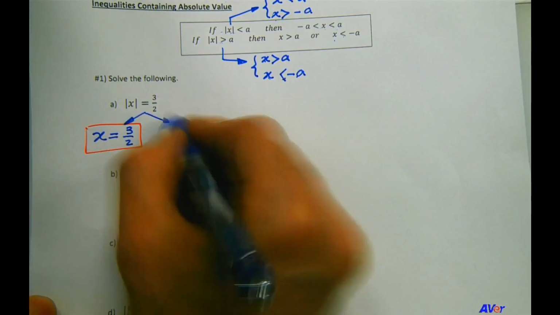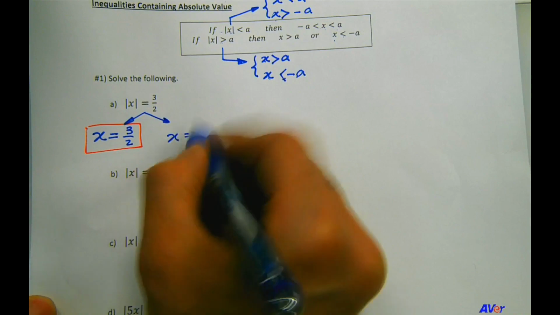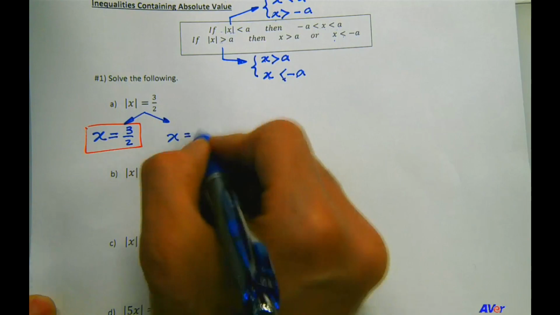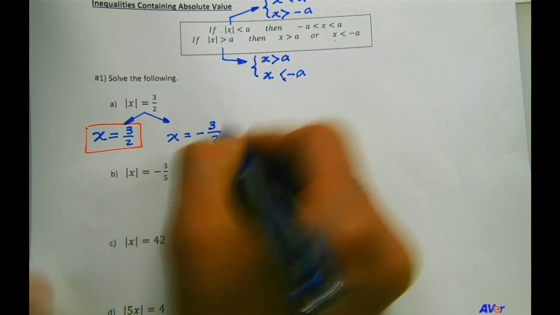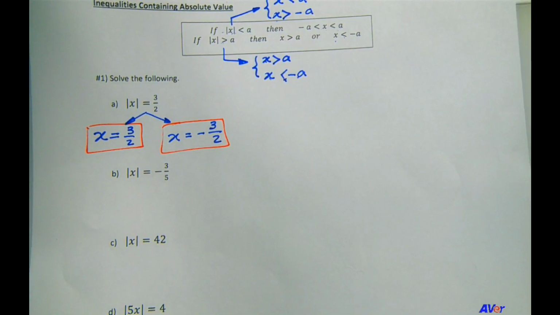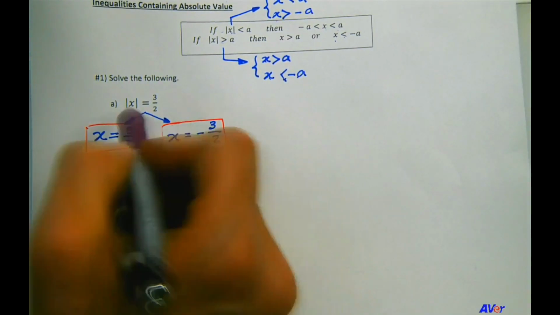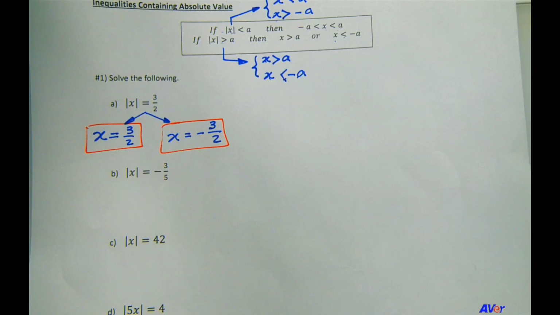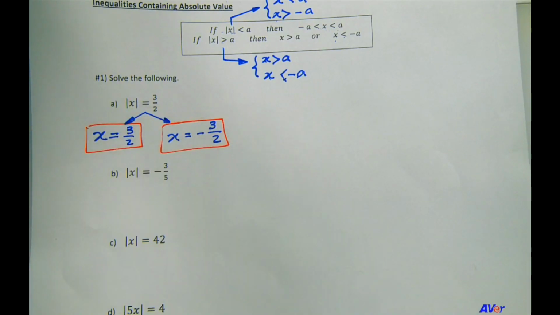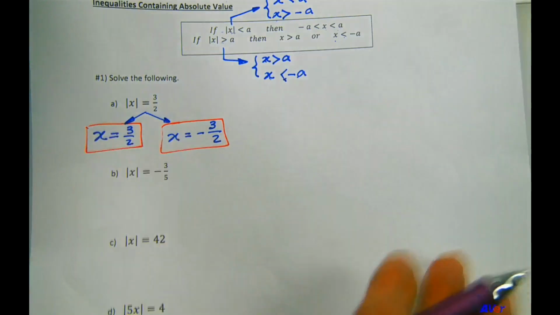The other solution comes from x equals the other side multiplied by -1, so minus 3/2. In each of these, can you test if these solutions are correct or not? Absolutely. So you can plug each of these inside the absolute value and see if in fact that's the solution of that.